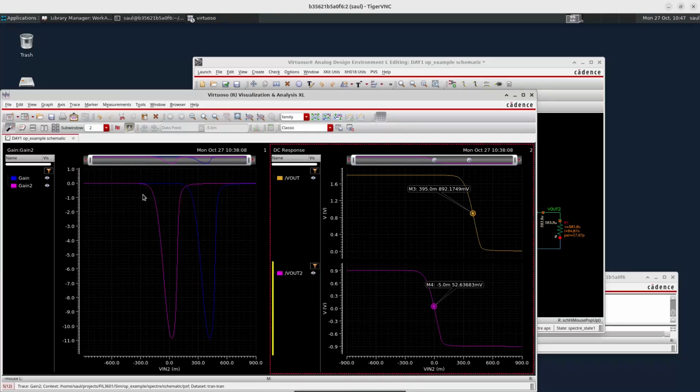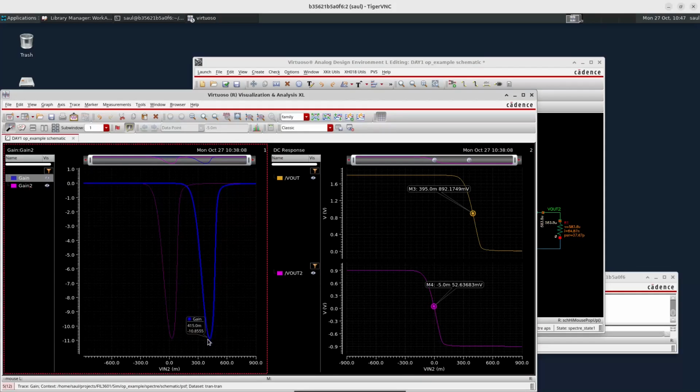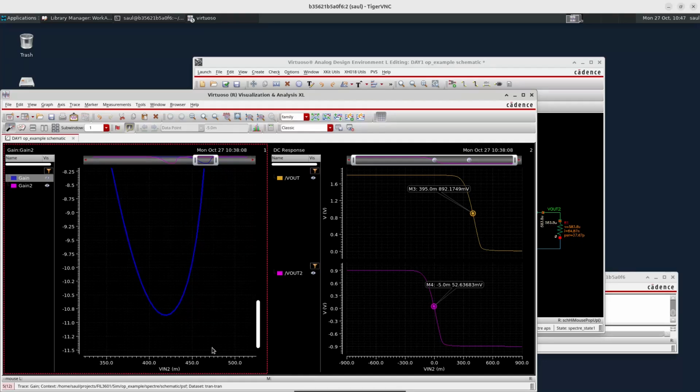So I have differentiated these circuits, and if we take the blue one first, we see that the differential gain will be around minus 10.86, and it will only be this value at a very small excursion from the operating point. For any other values, it will change.